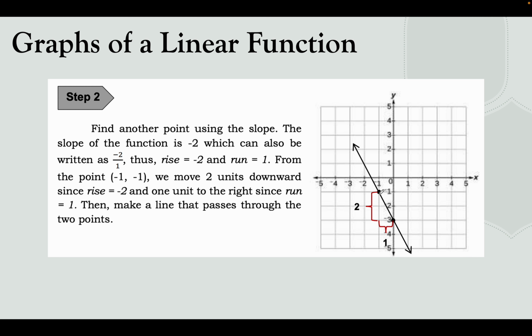Move 2 places downward, 1, 2, and then move 1 unit to the right since your run is positive 1. So that means your point now is 0 and negative 3. Then you can make a line that passes through the 2 points now. So these are the 4 methods on how to graph linear functions.